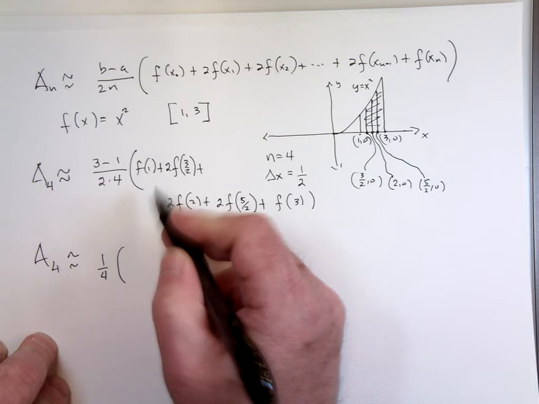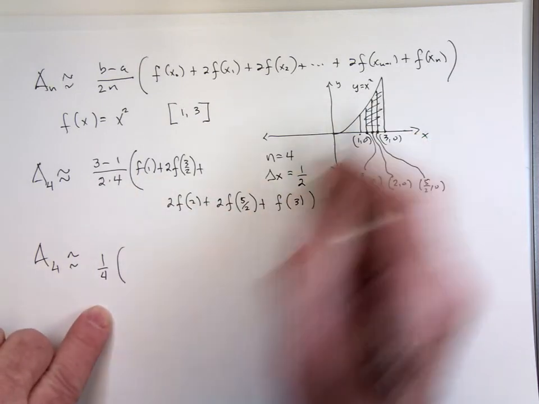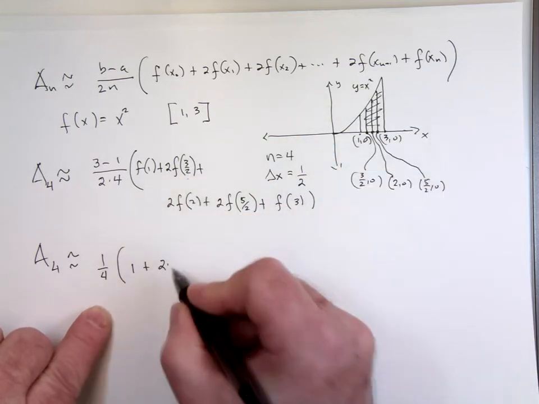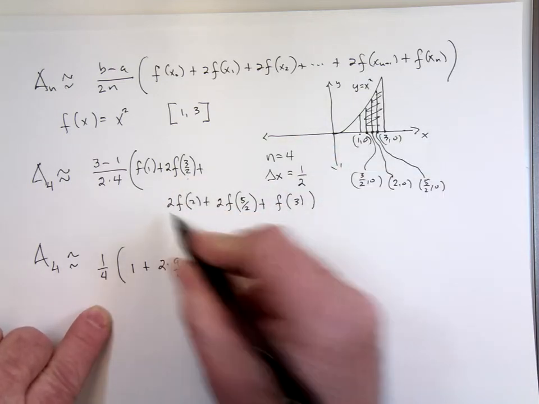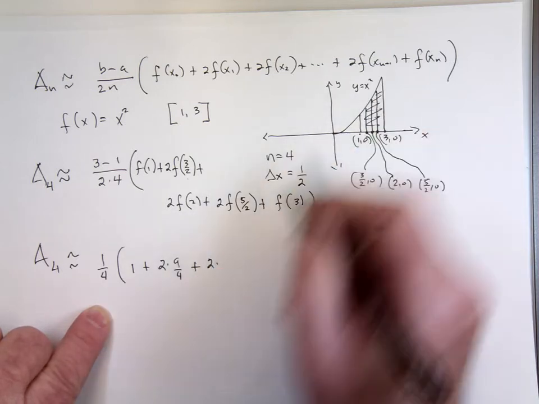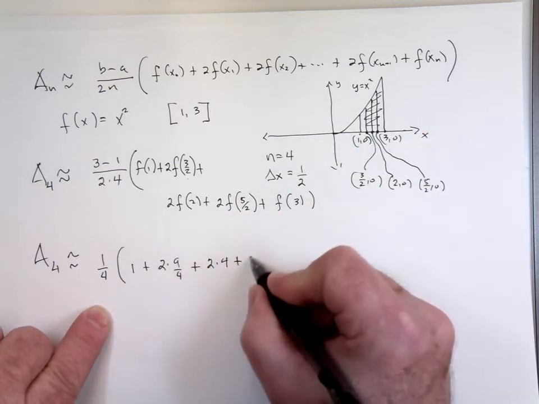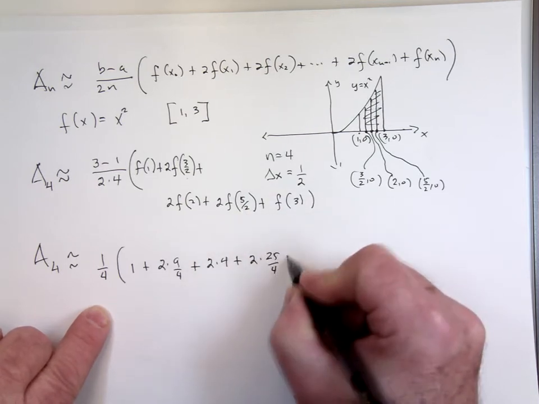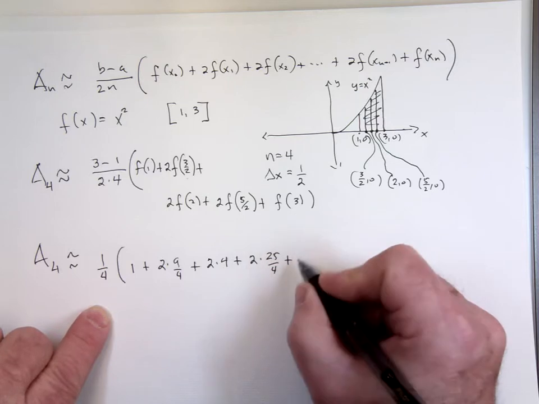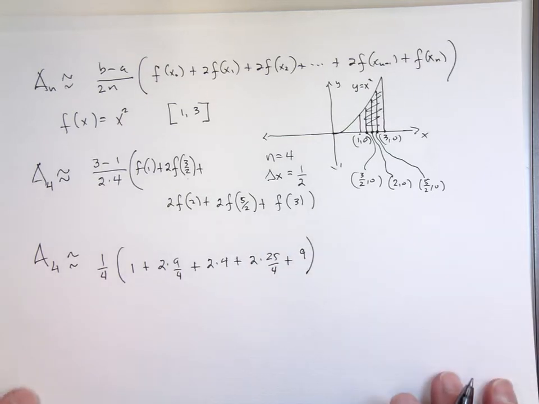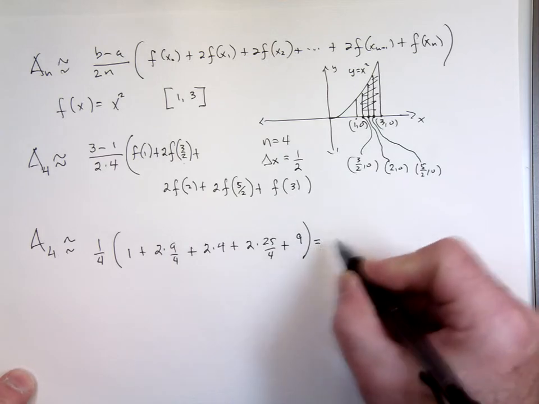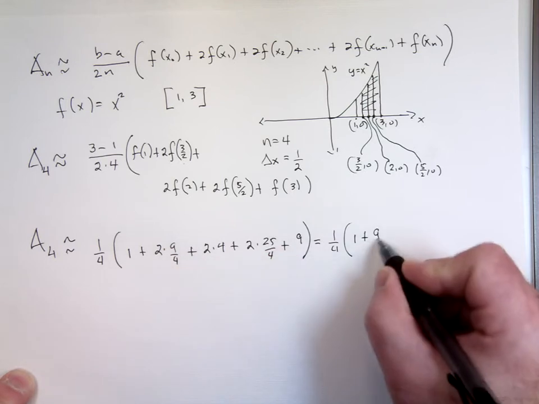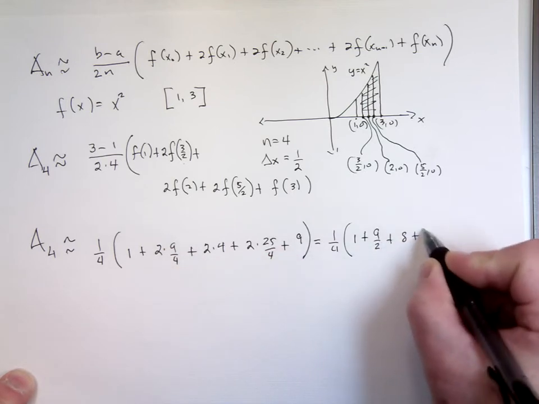f of 1 squared is 1. 2 times f of 3 halves squared is 9/4. 2 times f of 2 squared is 4. 2 times f of 5 halves, that's 25/4. And then 1 f of 3 is 9. This is equal to 1/4 times 1 plus 9 halves plus 8 plus 25 halves plus 9.